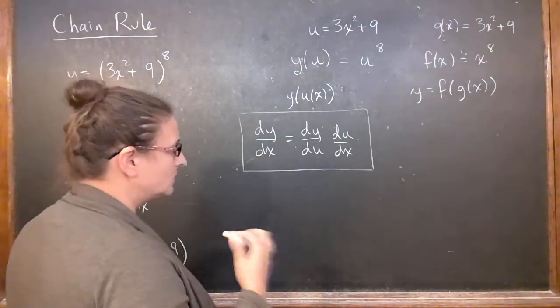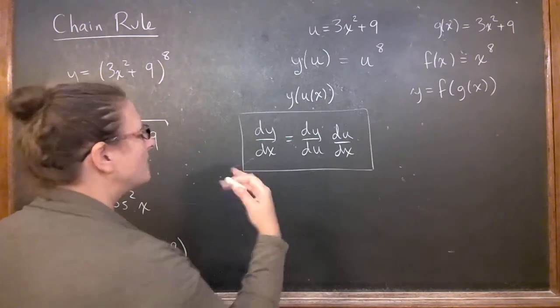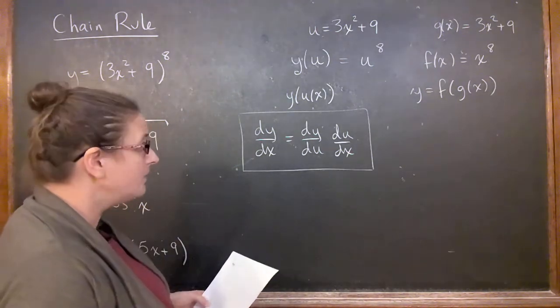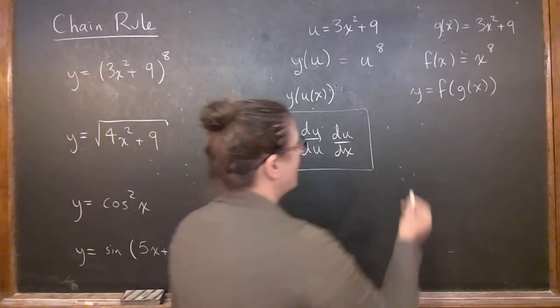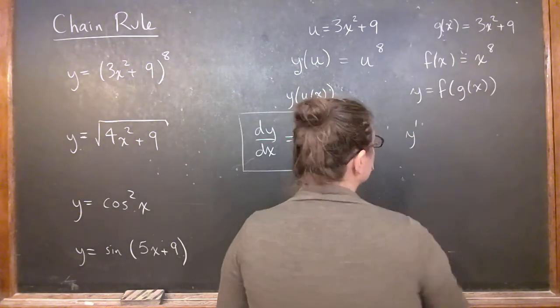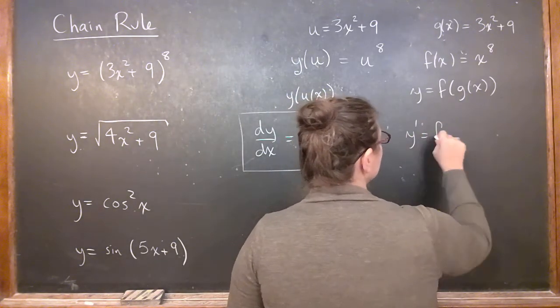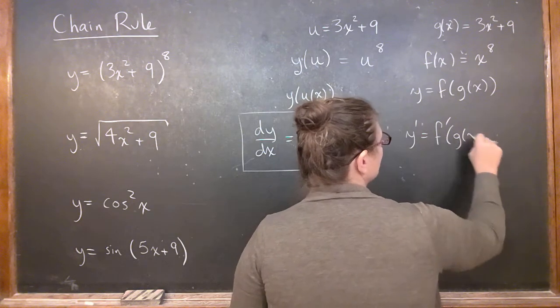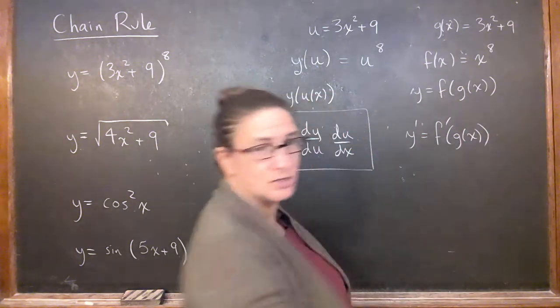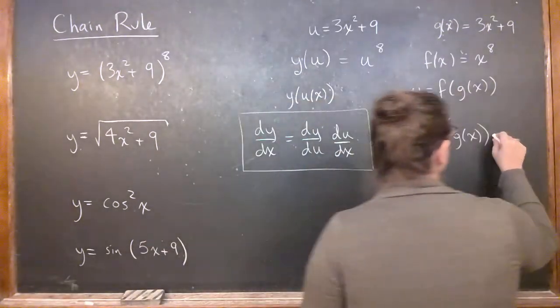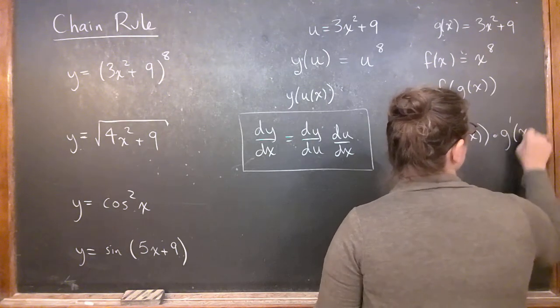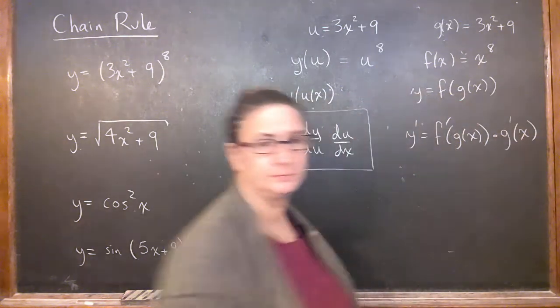We're just thinking about it as a notation. But anyway, it helps us remember. Otherwise, I can write the derivative y prime as the derivative of the outer function when the inner function stays the same, and then I multiply it by the derivative of the inner function.